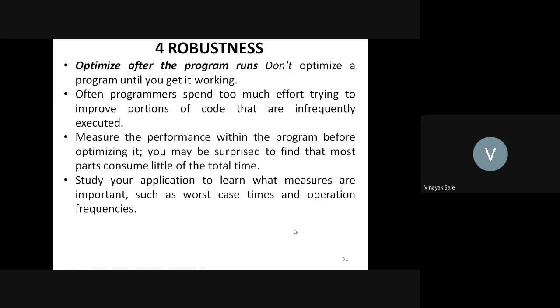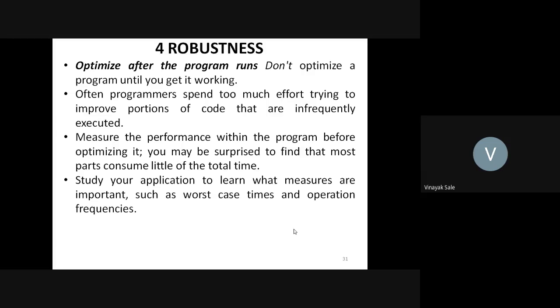Then optimize after the program runs. Don't optimize a program until you get it working. Often programmers spend too much effort trying to improve portions of code that are infrequently executed.